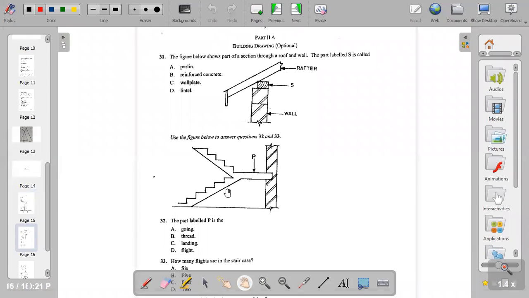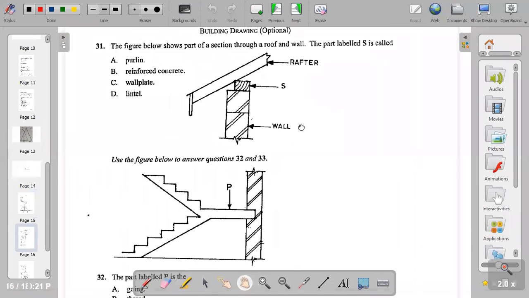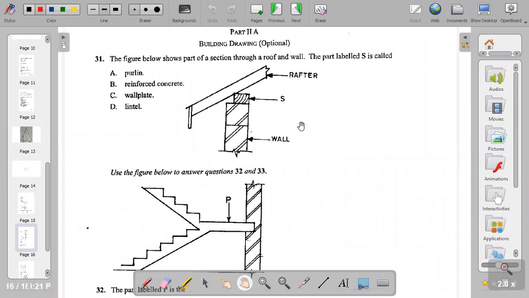I move on to question 31, which is the building drawing questions. Building drawing questions from 31 to 40. 31. The figure below shows a part of a section through a roof and wall. The part labeled S is the wall plate.